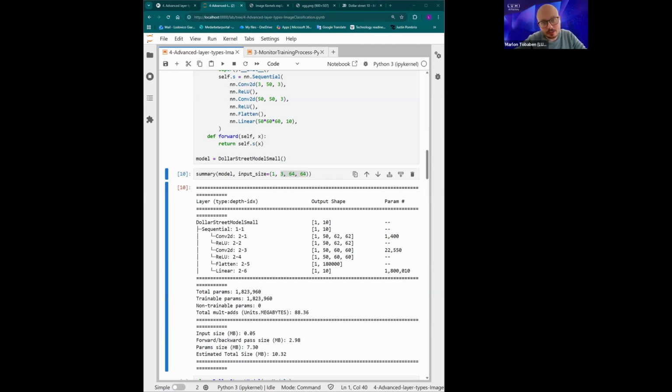So maybe I start with the flatten. If I look at the output shape here, the layer before this has 4 dimensions in total, a tensor of 4 dimensions, and now it's only 2.